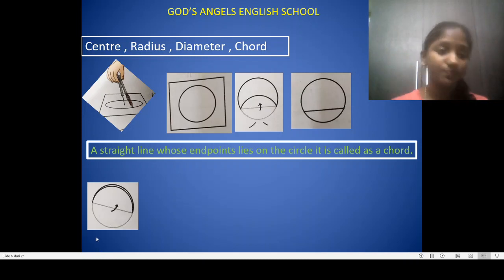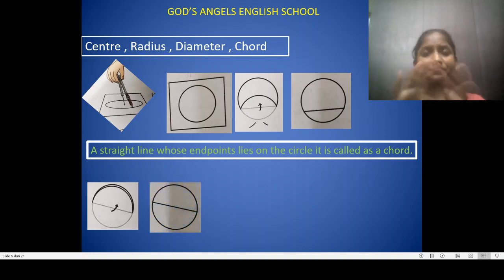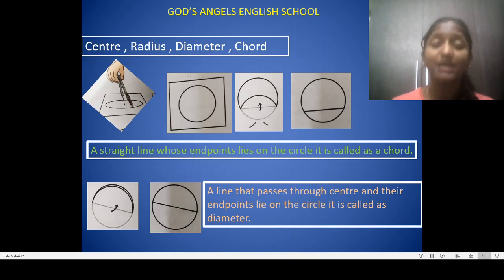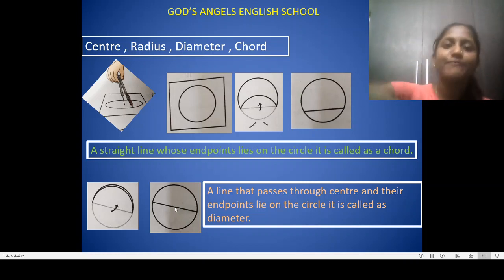Not a little bit, I have folded it perfectly. When I have opened that circle, I have got a line. So what does the sentence say? A line that passes through a center. When I was making this with the compass, I put some point, then I made the circle.